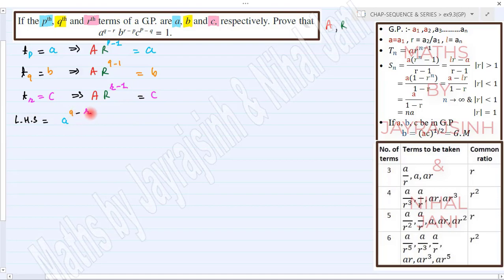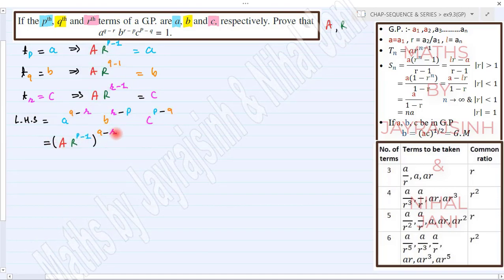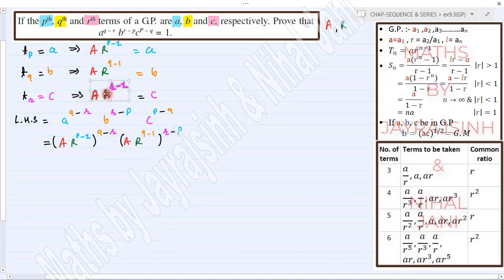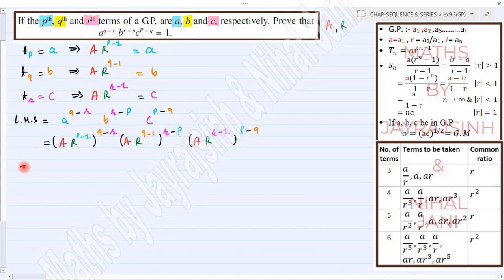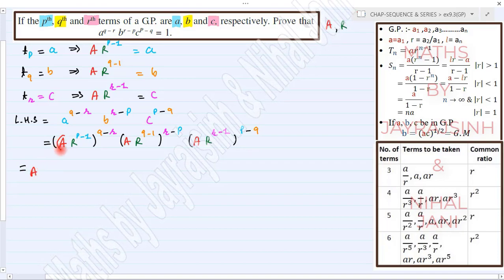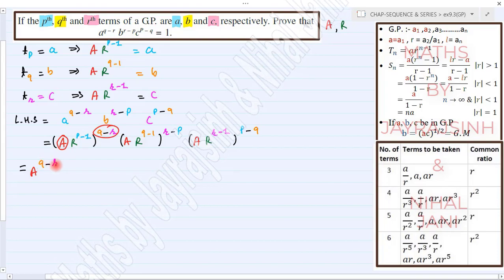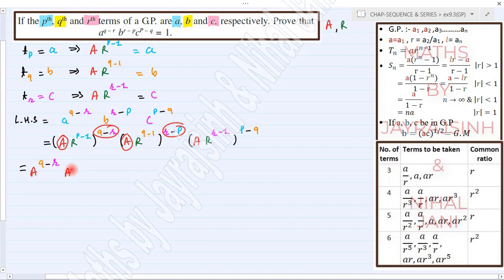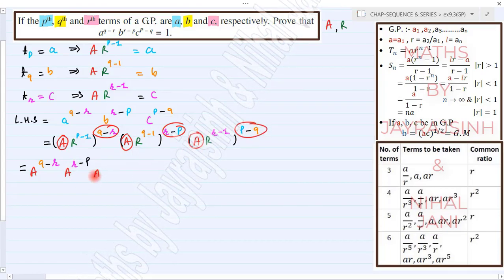Now, let's try to get your left hand side. For simplification, you have to substitute the values of a, b and c. Now, let's collect the terms of A. In the first bracket, we have A raised to q minus r. In the second bracket, we have A raised to r minus p. And in the third bracket, A raised to p minus q.